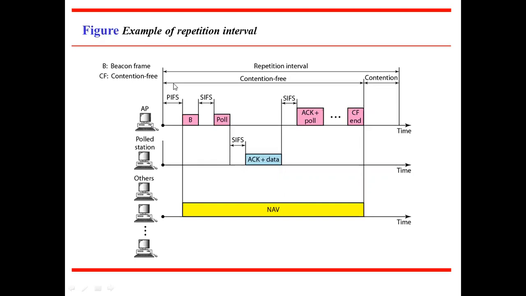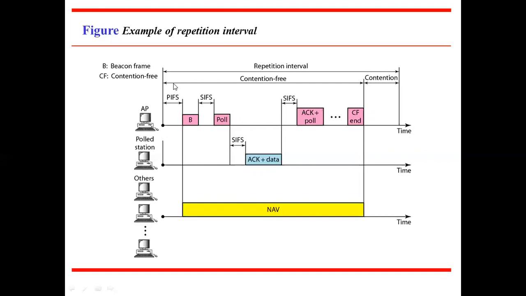PIFS is another important time interval, known as PCF IFS. Already I told you about PCF, the point coordination function, and IFS means inter-frame space. Then a beacon frame is transmitted. After that, it is required to wait for another interval, SIFS.